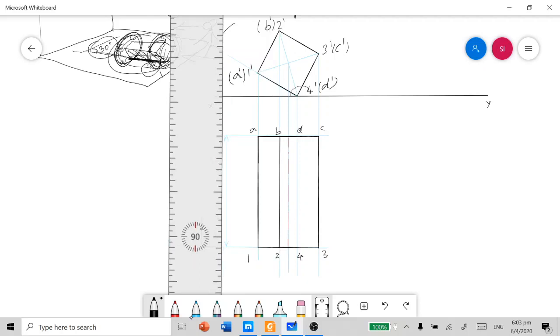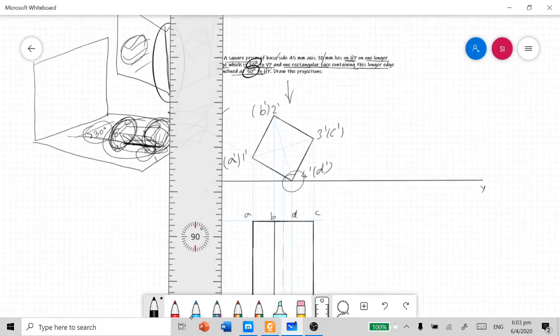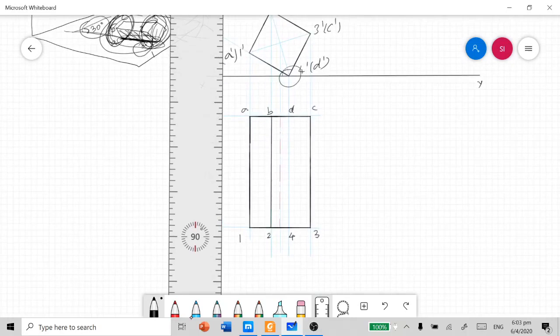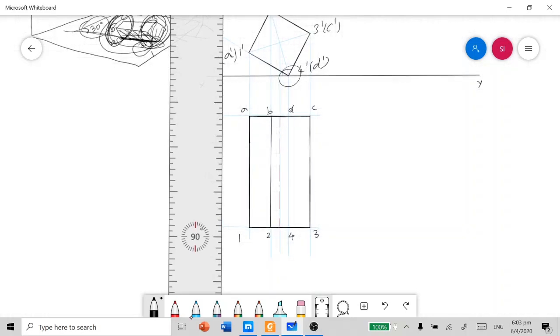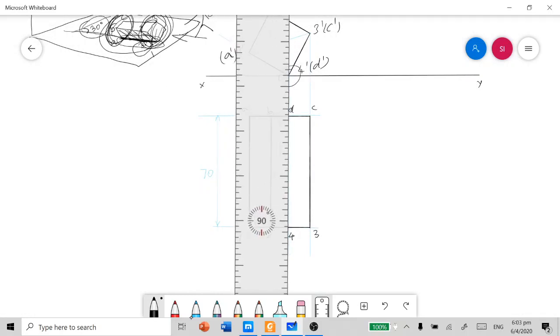And the edge 4D is invisible when you view it from the top. So in the top view, we need to draw the edge 4D as an invisible edge in the dashed line format.